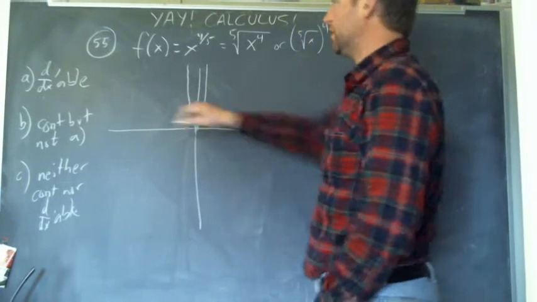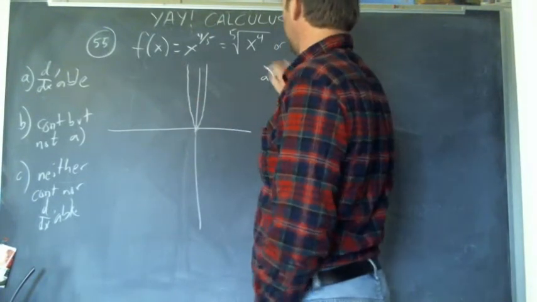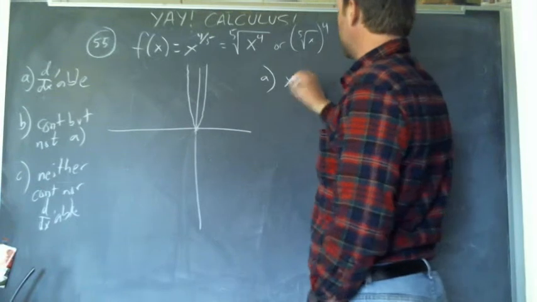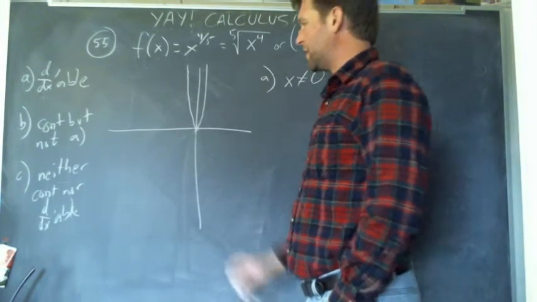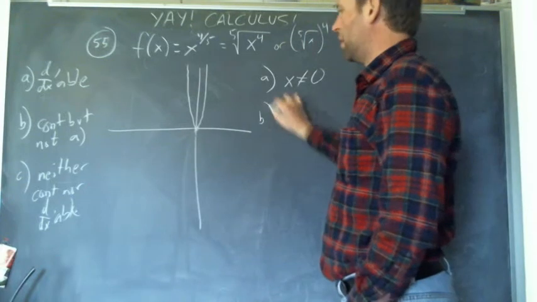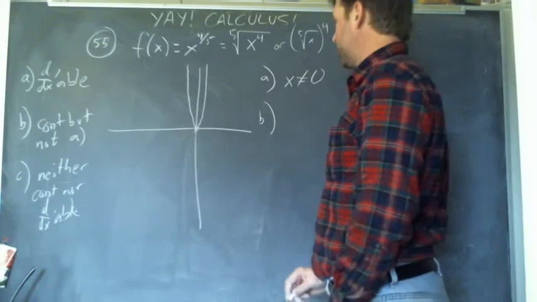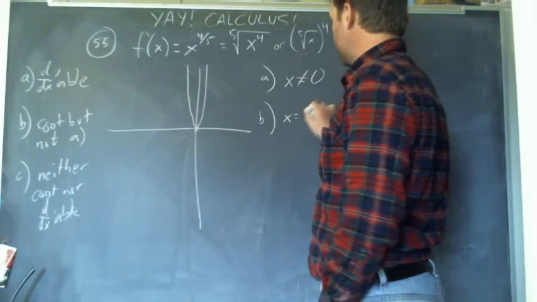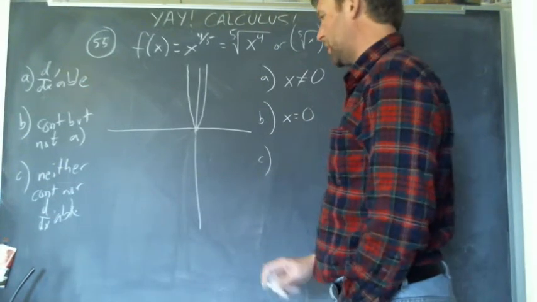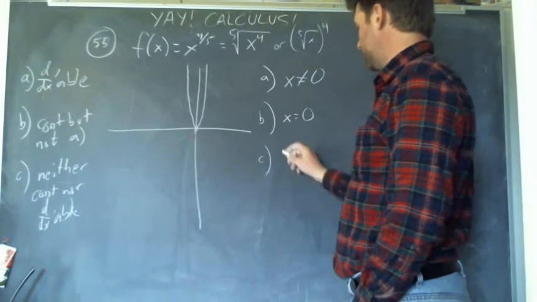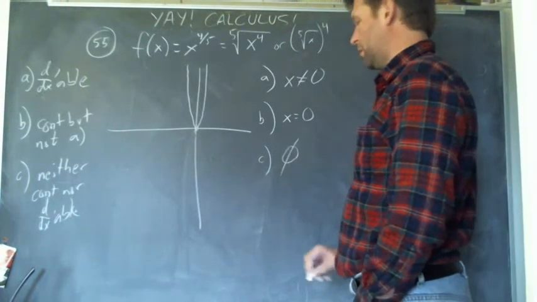So we are differentiable at x not equal to 0, because we're obviously continuous and smooth. Continuous but not differentiable at x equals 0, and neither continuous nor differentiable at no x. So, empty set.